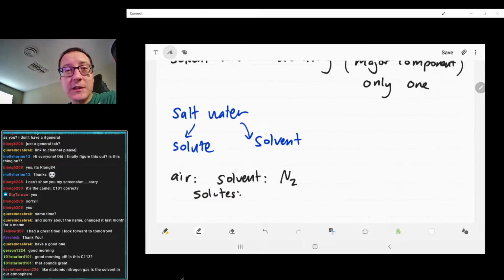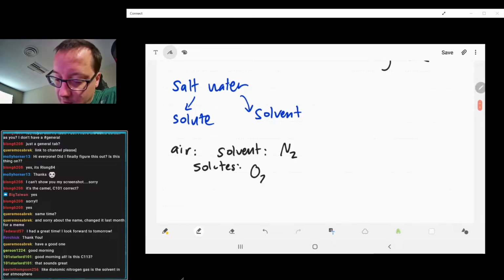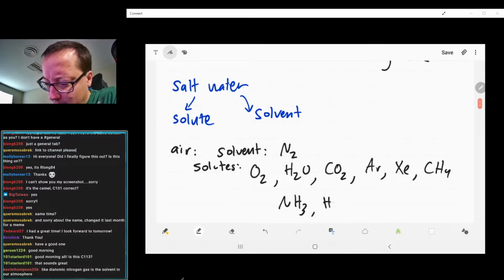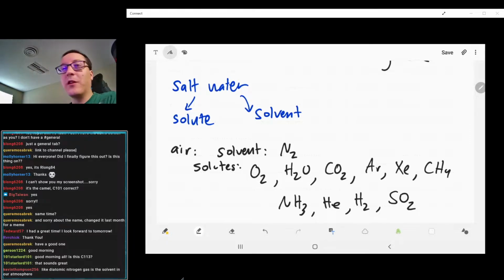Because we know nitrogen is 78% of the air by moles. So we're going to have other solutes: CO2, argon, xenon, methane, ammonia, some helium maybe, hydrogen, sulfur dioxide, whatever. We have tons of other gases. So you can have as many solutes as you want, and you're just going to have one solvent.